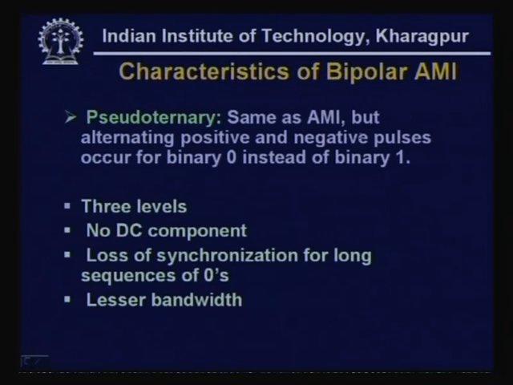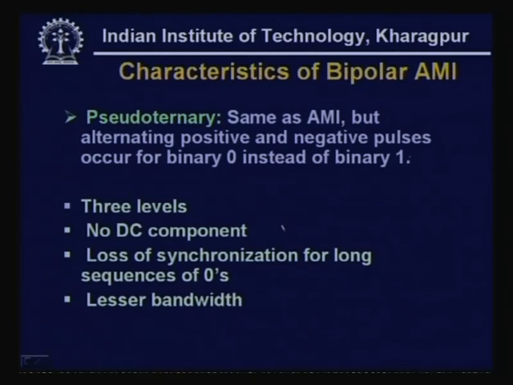The only difference is that here binary 1 represents 0 volt, and for 0 we have alternating positive and negative voltages. That is the difference between bipolar AMI and pseudo ternary.